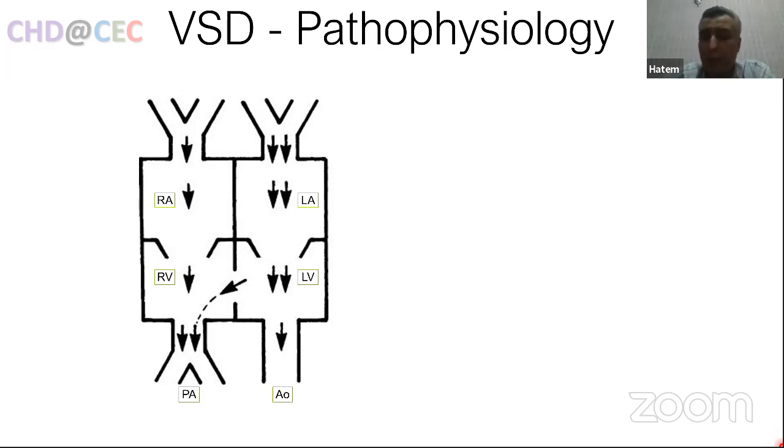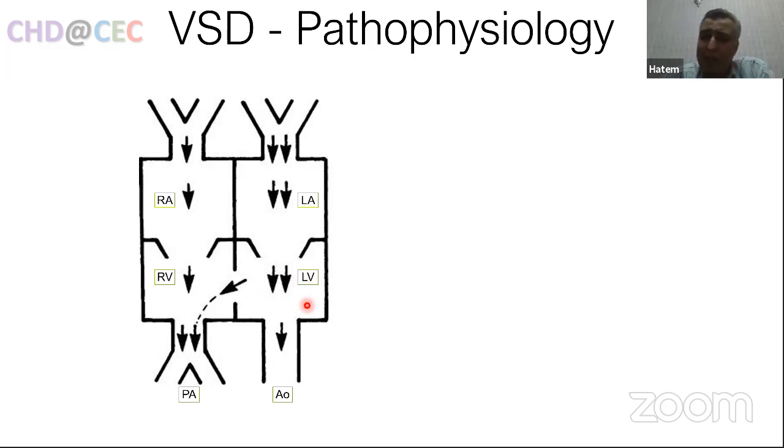Blood flows from the left atrium to the left ventricle during diastole. And so the left ventricle will get more volume during diastole, and the walls will get stretched. So left ventricle dilates in a patient with a VSD because the pulmonary flow is higher, pulmonary venous return is higher, and so diastolic flow into the left ventricle is higher.